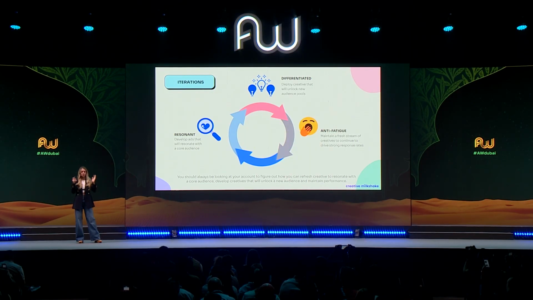So the way to think about iterations is, when looking at the ad account, understanding how can I create more ads and variations of the concepts that are already working very well, that are resonating and are being delivered to an audience that's converting. How can I make more ads like that?